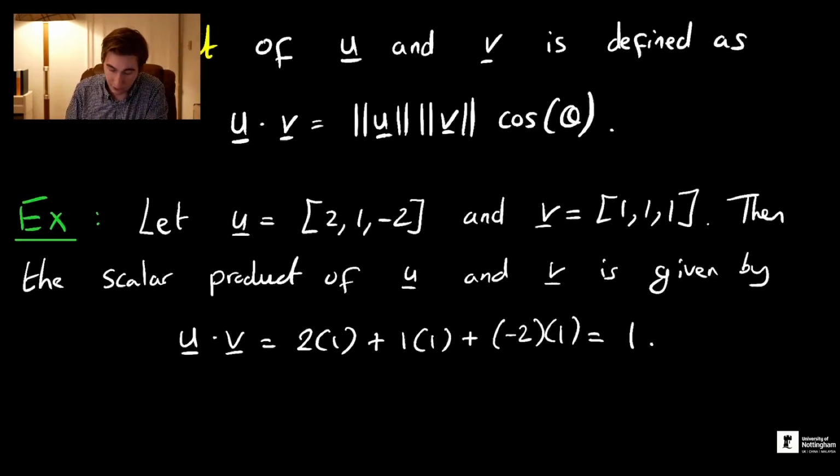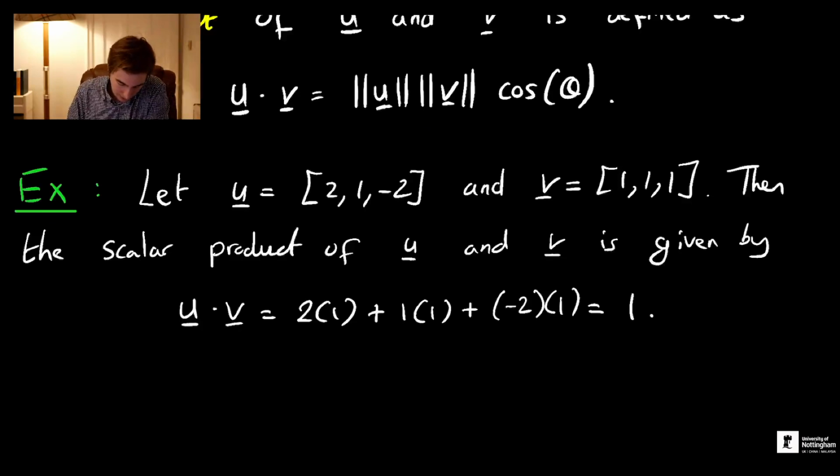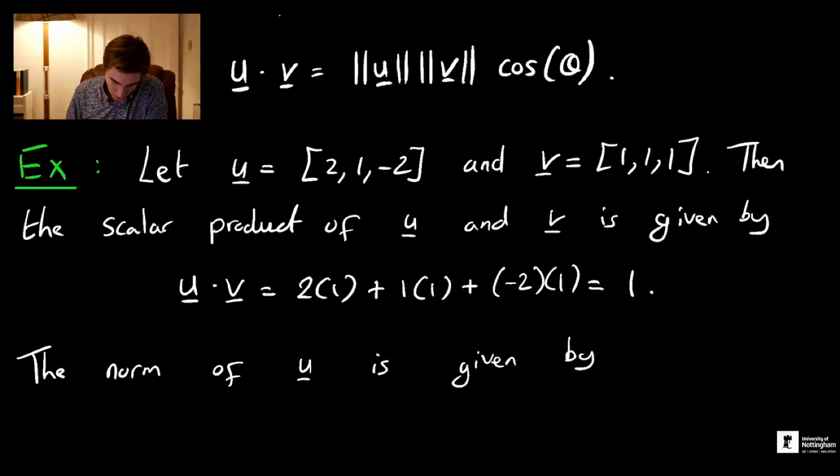The next thing we need in order to find the angle between them is the norm of those two vectors. The norm of u we get by plugging into our definition: the square root of the first term squared, which is 2 squared, so 4, plus the second term squared, which is 1 squared, plus the third term squared, which again is 4.